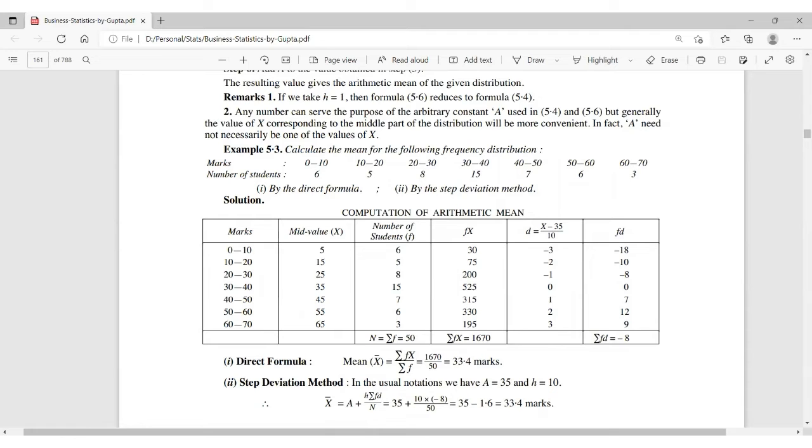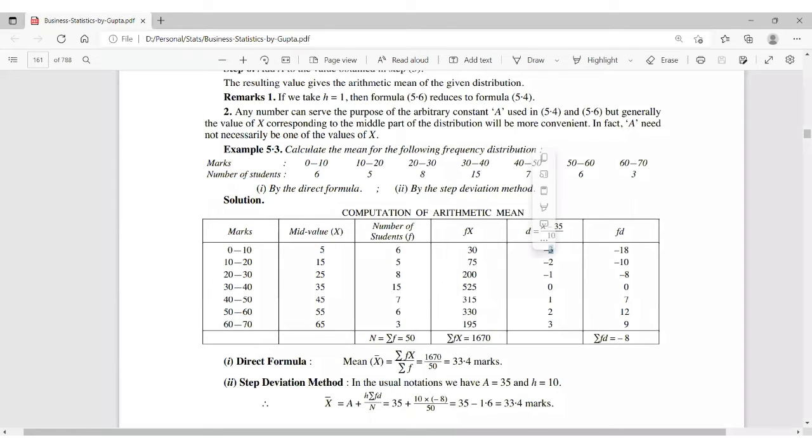So we gave d as x minus 35, where 35 is the assumed mean. The assumed mean we can take from the x values, divided by h. h is the difference of these numbers, that is 10 in every case. Now the calculation: first number is 5. 5 minus 35 is minus 30, divided by 10 is minus 3.